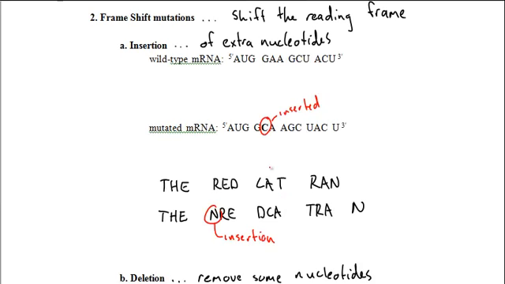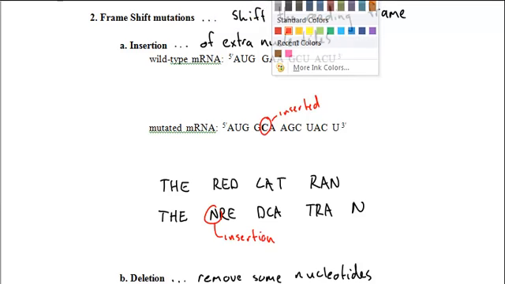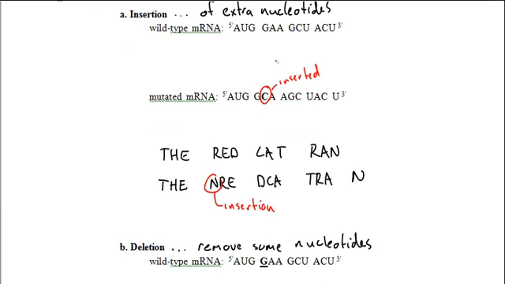Well, the same is true when we're translating the mRNA. If there's an insert in the DNA, then you're going to have the corresponding insert in the mRNA, and it's going to shift the reading frame from what read M E A T. It's now going to read M. G C A is A. A G C is S. U A C is Y. And the U can't even be translated because it's a single nucleotide.